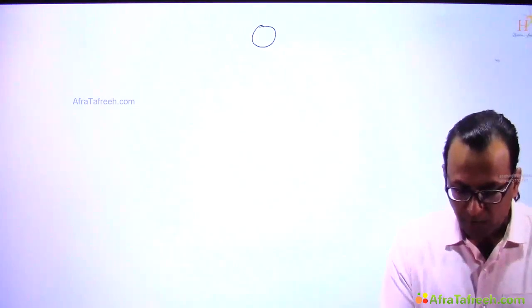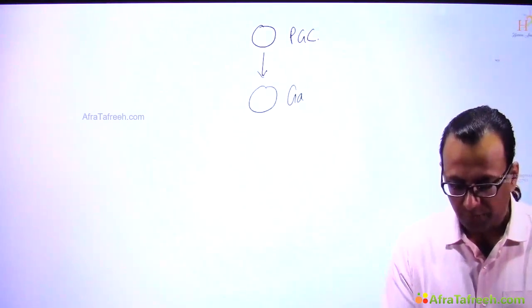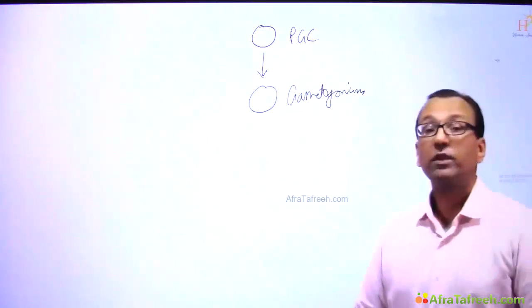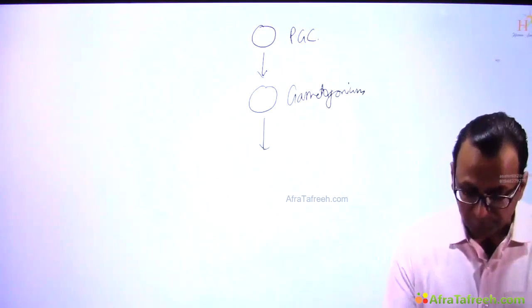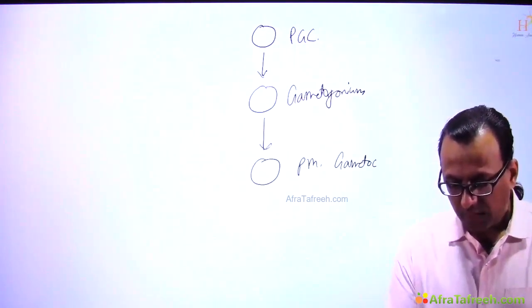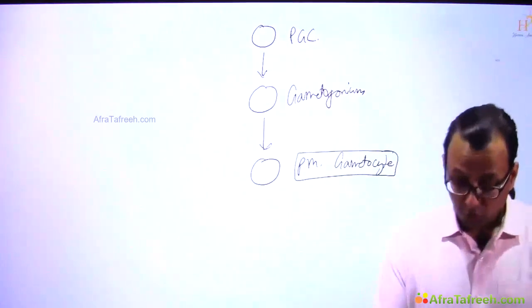As we move further, let us draw a flow diagram. The primordial germ cell is going to give us the gametogonium, as we have seen, and it is the gametogonium which is going to give us the primary gametocyte. And we said that the primary gametocyte could be male or female.